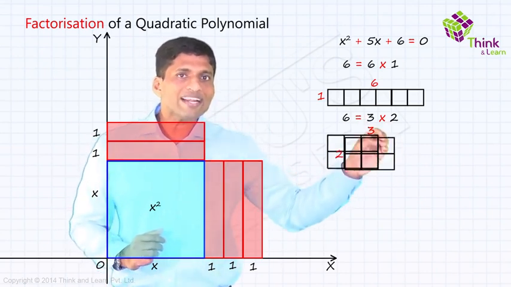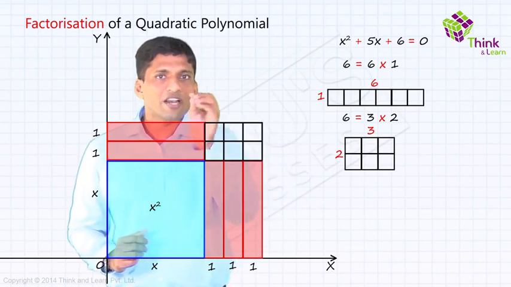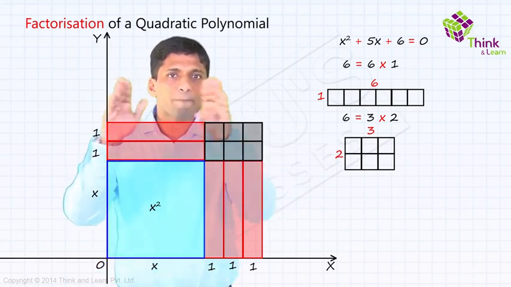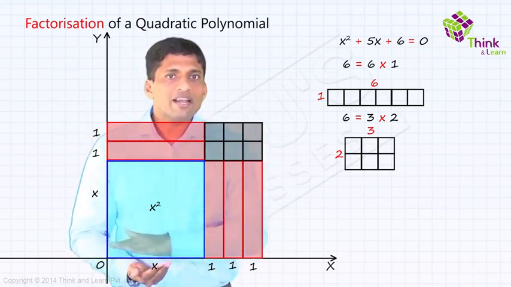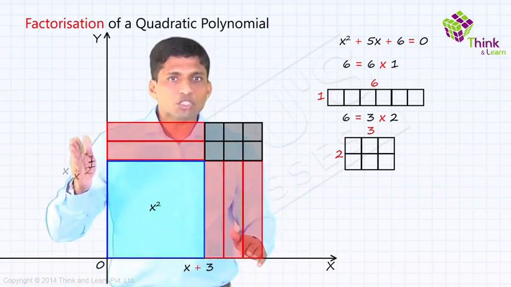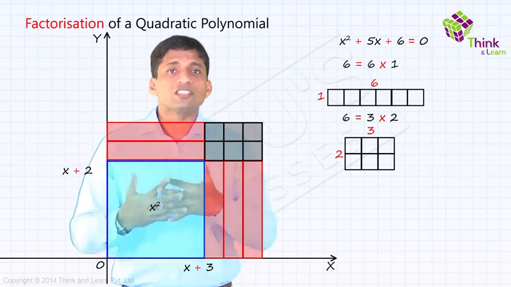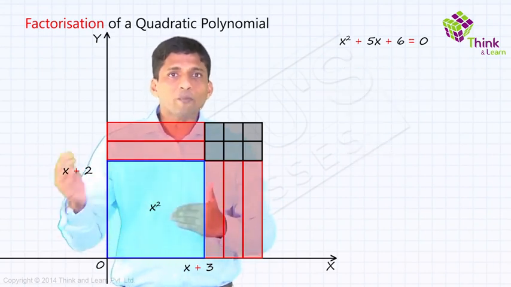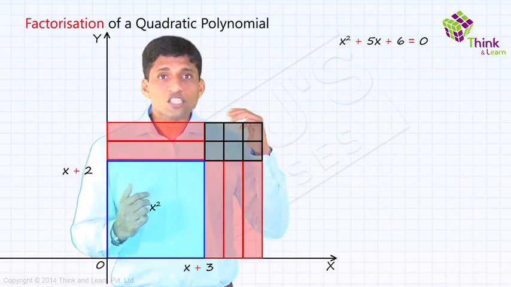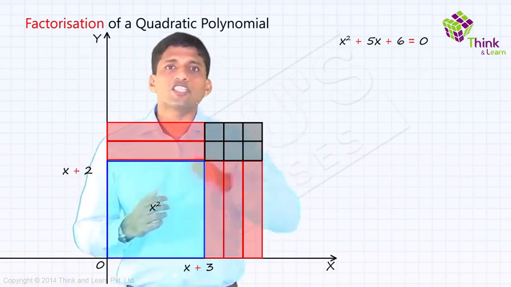So I can directly take this 3 by 2 rectangle and fill it here. So it's a complete rectangle now with length x plus 3 and breadth x plus 2. So the area of this rectangle, length into breadth, is x square plus 5x plus 6, which is our original expression.